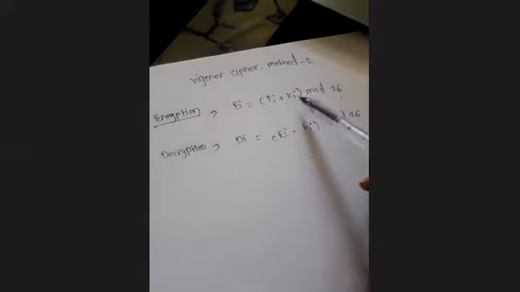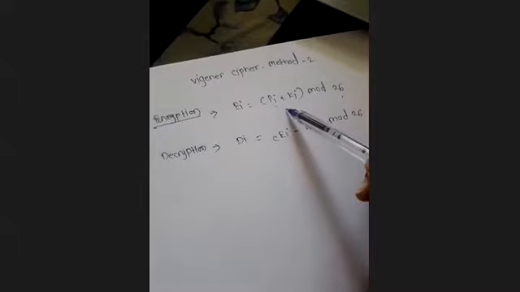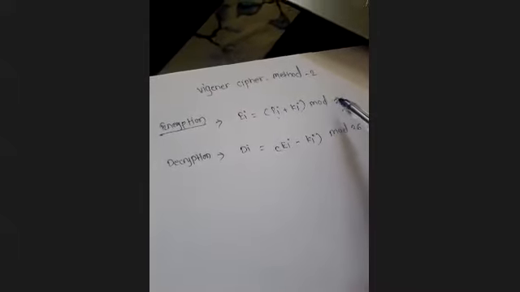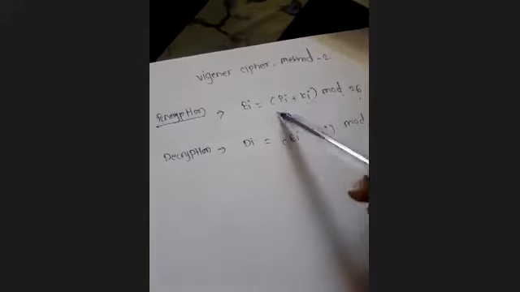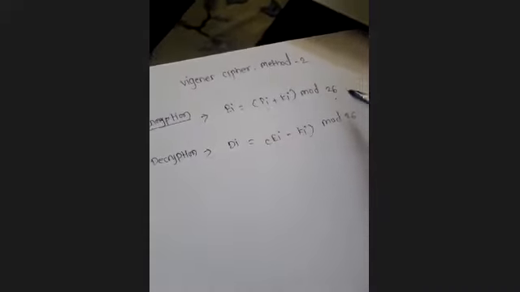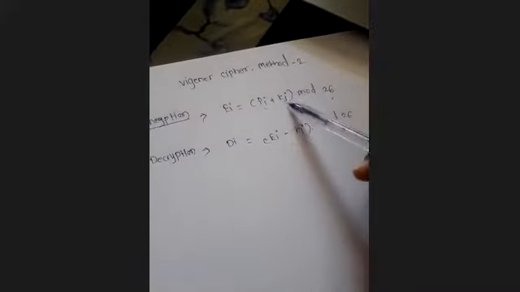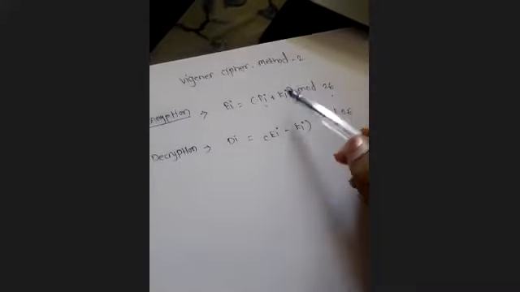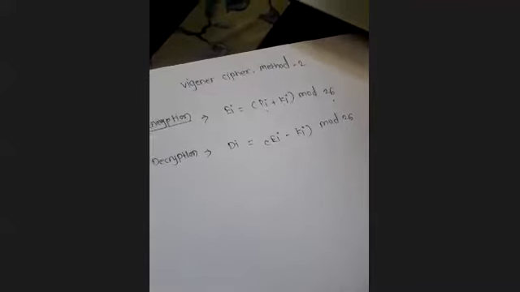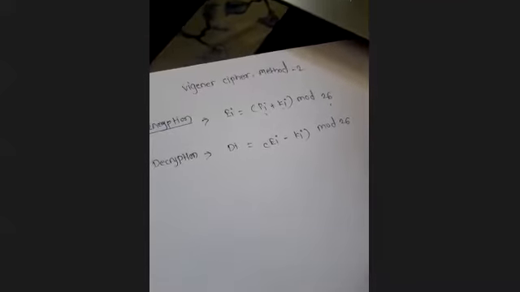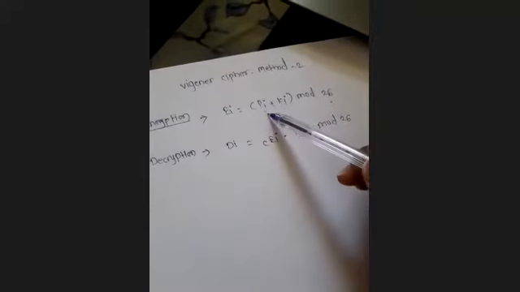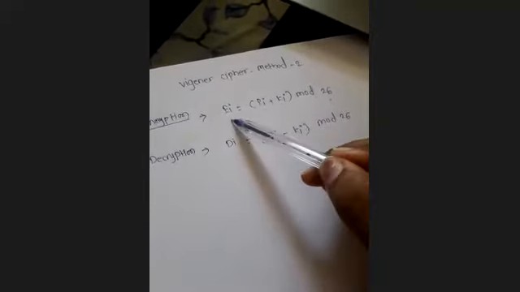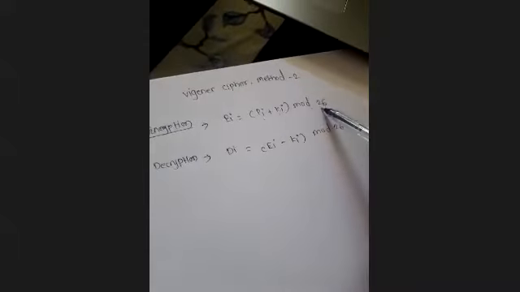Now, if you remember the Caesar cipher, in Caesar cipher also we had the same formula, but the thing is that there we had P plus K mod 26, where K's length was fixed. By default the value of K is 3, right? According to Julius Caesar, the encryption formula was P plus K mod 26, where K's value was 3.